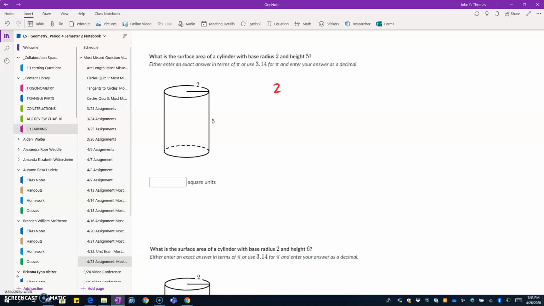So we have two of the circles, so 2 pi r squared, plus then we're going to have the rectangle that's the side, which is going to be 2 pi r for the circumference, and then times height. So we have a radius there, and height there. Now, when I drop in what I know, I've got a 2 in that spot, a 2 in that spot, and a 5 in that spot.